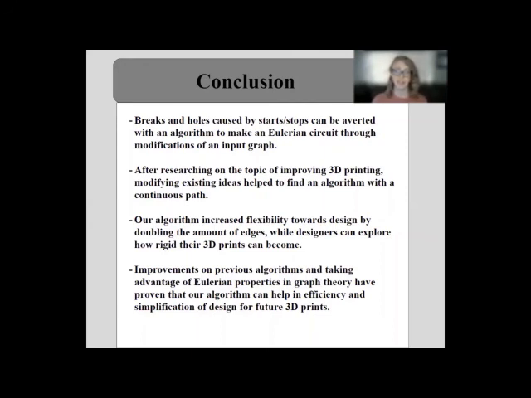Our algorithm has increased flexibility towards design, as doubling the number of edges lets designers explore how rigid their 3D prints can become by their thicknesses. Improvements on previous algorithms by taking advantage of Eulerian properties in graph theory have now proven that our algorithm can help in efficiency and simplification of design for future 3D prints.